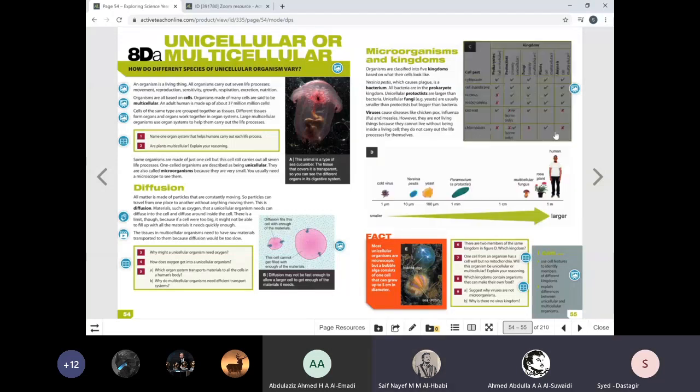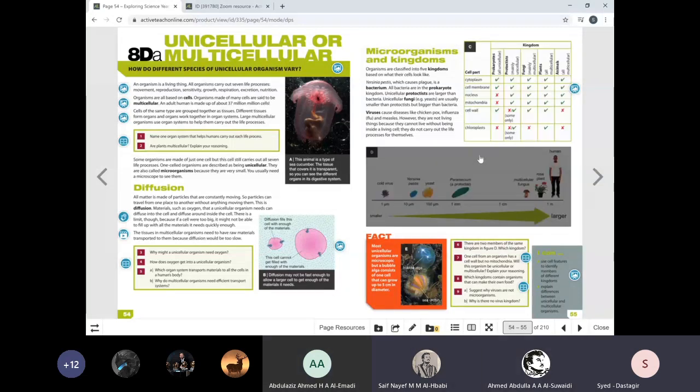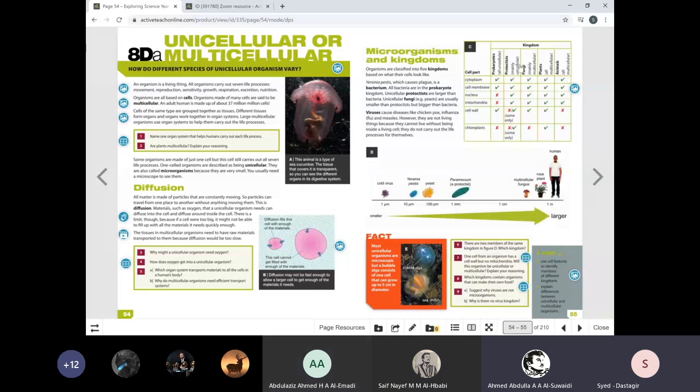Yeah, so in the plants. Look at the table, it says plants contain chloroplast. Do animals contain chloroplast? No, they don't. Okay, so this table is very important.